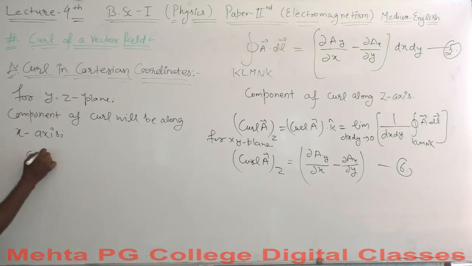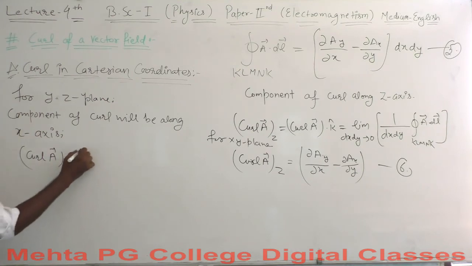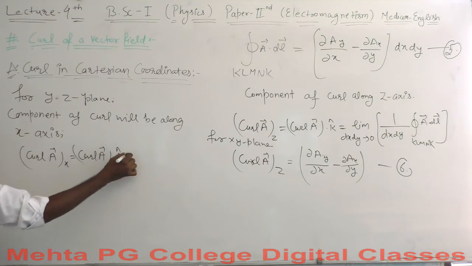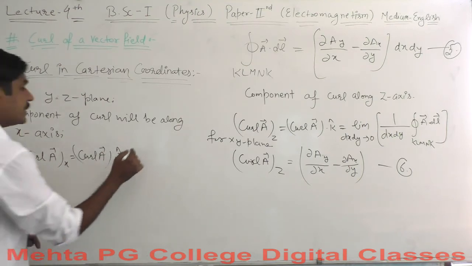You say curl of a vector component along x axis, or you can say curl of a vector, this must be the direction i cap, will be equal to what?